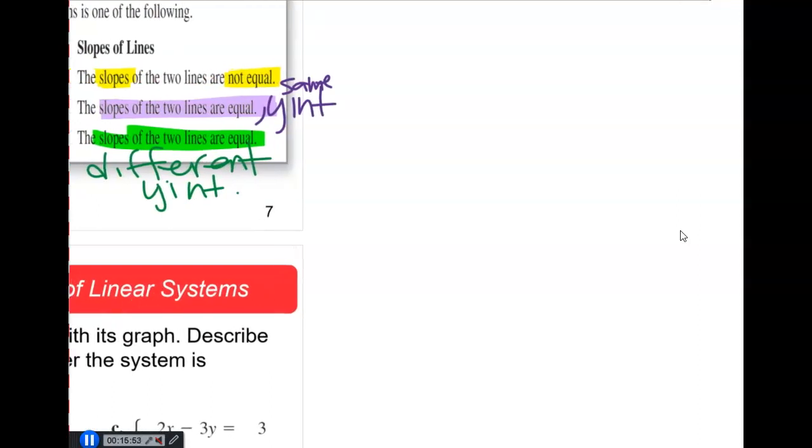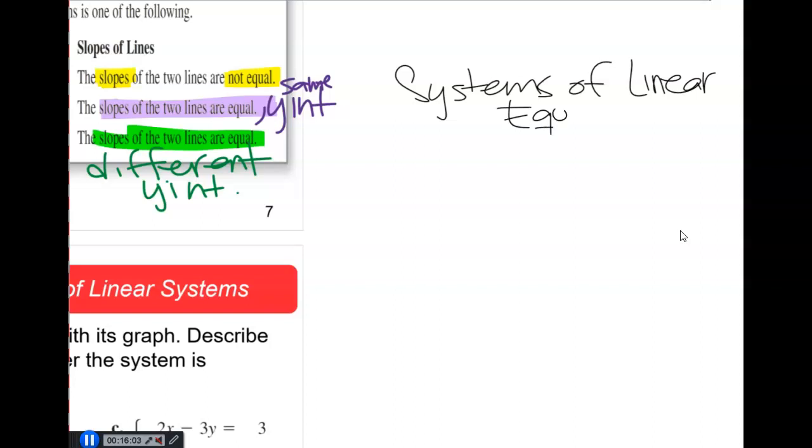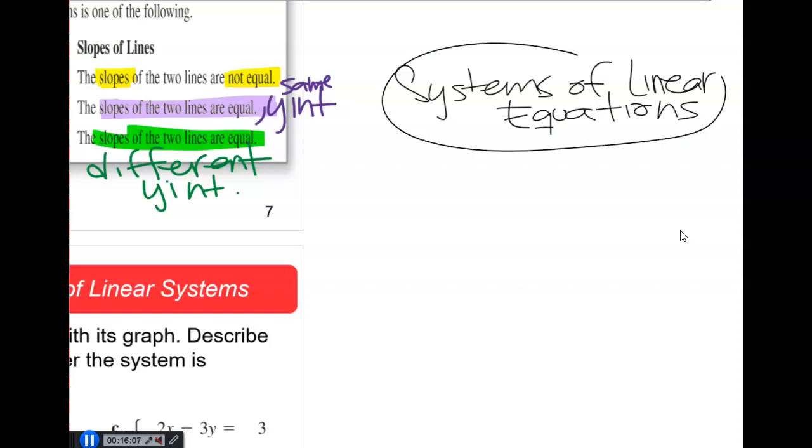We have systems of linear equations, and we can classify them into two categories.